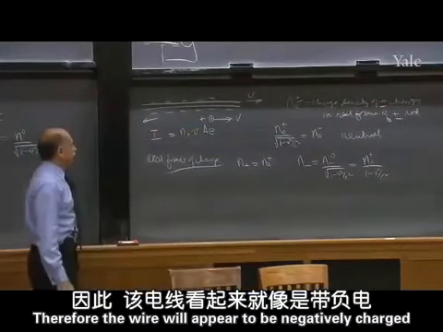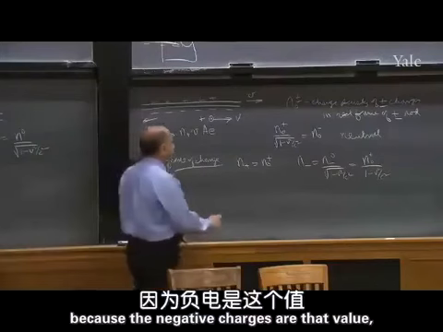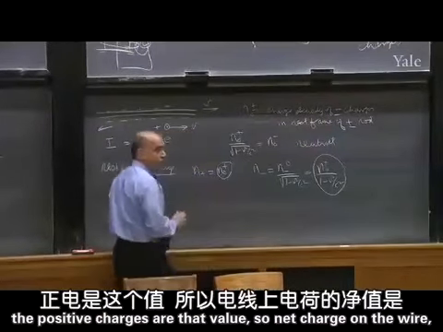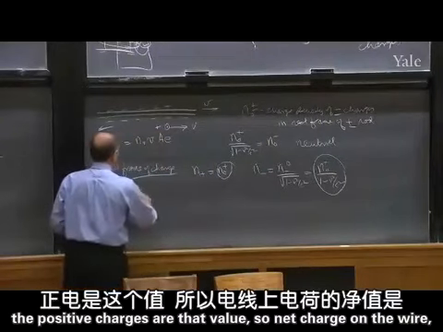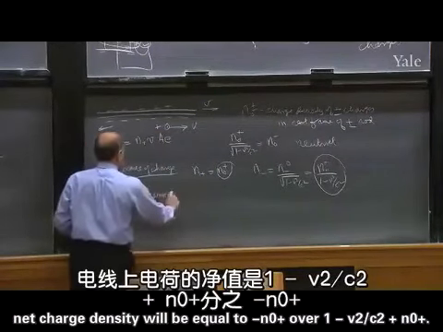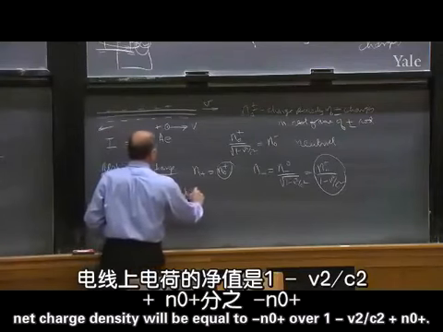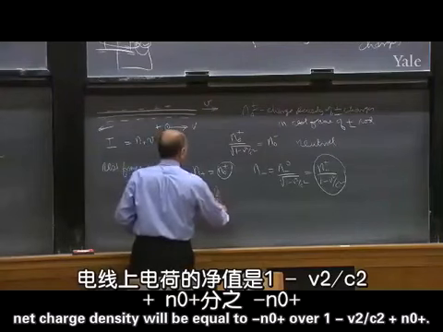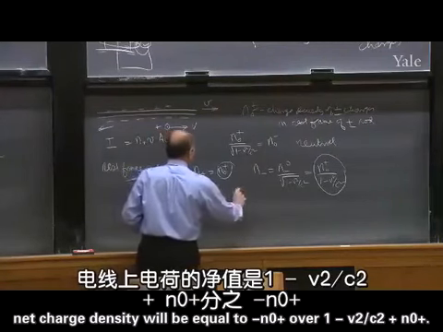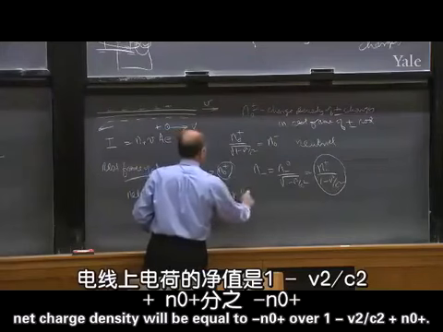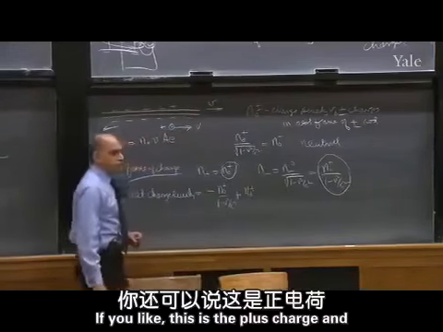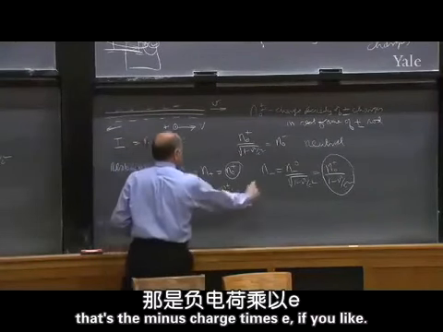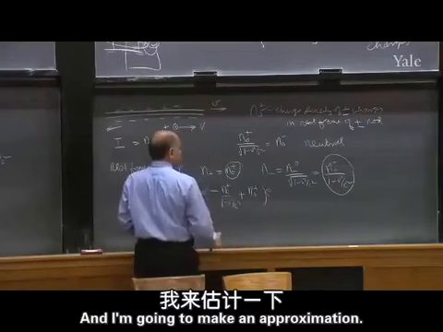Therefore, the wire will appear to be negatively charged because of the negative charges of that value and the positive charges of that value. So the net charge density will be equal to minus n0 over 1 minus v squared over c squared plus n0 plus. If you like, this is the plus charge, and that's the minus charge, times e. And I'm going to make an approximation.